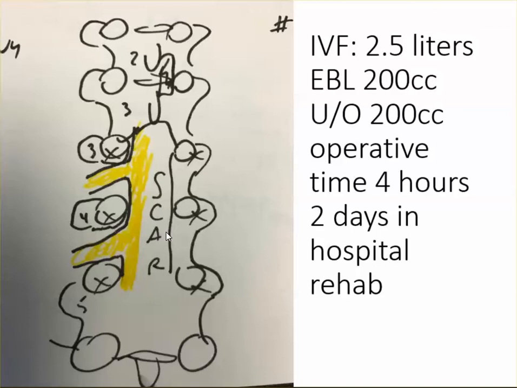So what were you going to say? So the fusion with instrumentation. The instrumentation is just the screws going in, and then the fusion. Let me tell you how I say it to patients. The screws, all they do is hold things still.